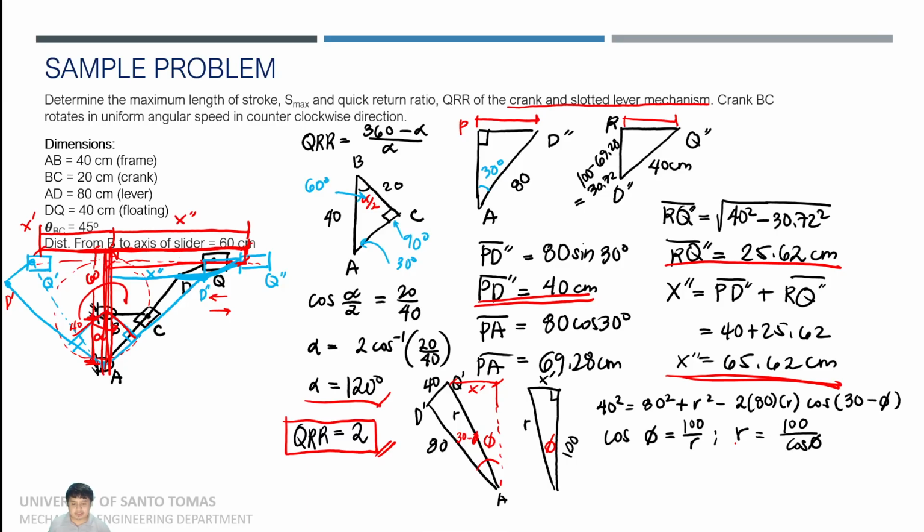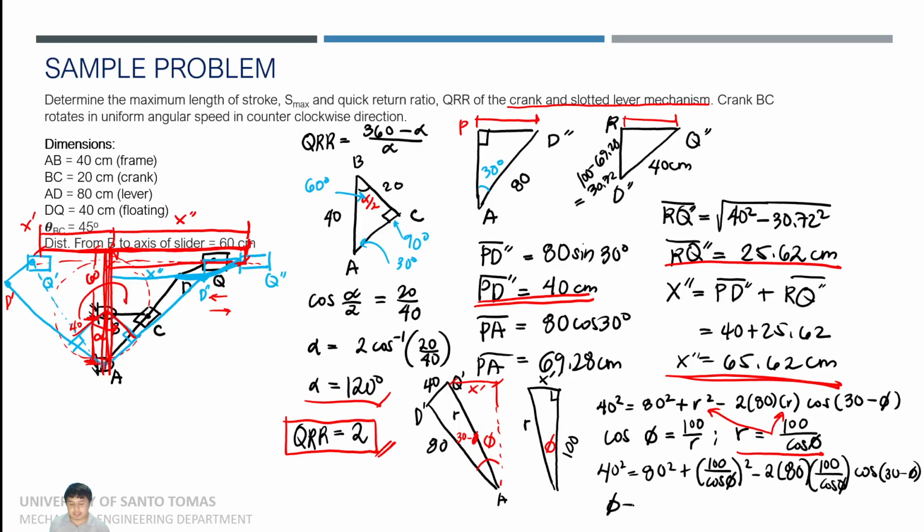Using this r equals 100 over cosine phi, you can substitute the values here, so you can solve this by substitution. You have 40 squared is equal to 80 squared plus (100 over cosine phi) squared minus 2 times 80 times 100 over cosine phi times cosine of 30 minus phi.